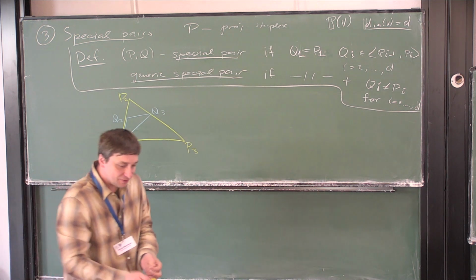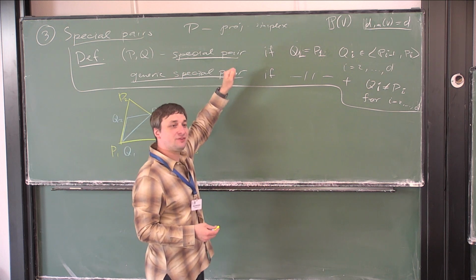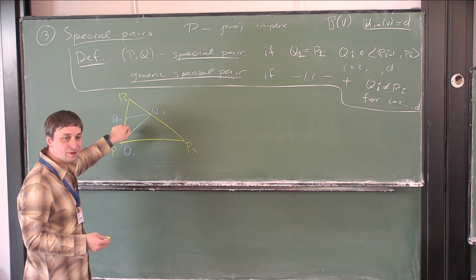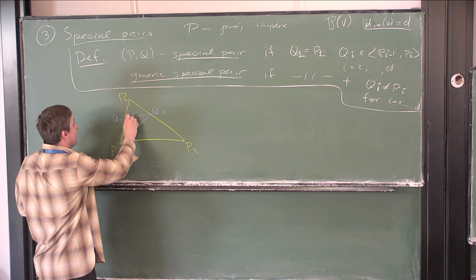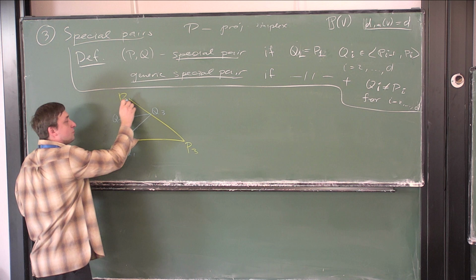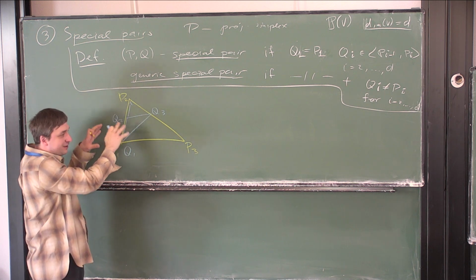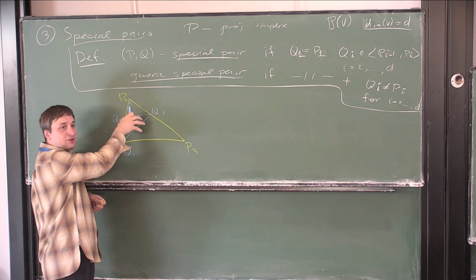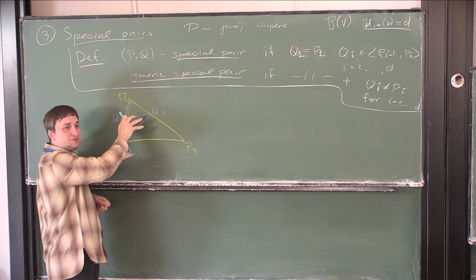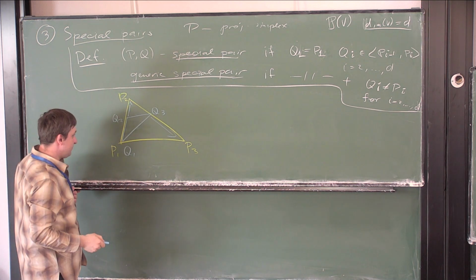By definition, all of my simplices should be in general position, so I don't allow degenerating each of these simplices individually. But the relative position can be different, so what could happen is Q2 could go to P2. That would be one type of degeneration. And in fact, all types of degenerations are described by some collection of indices for which Pi and Qi coincide. So you could have both of these things happen.